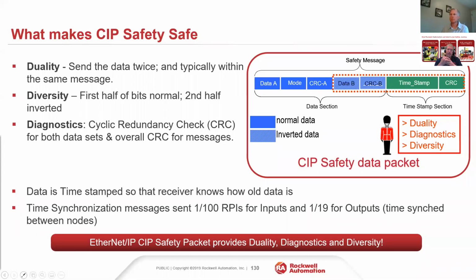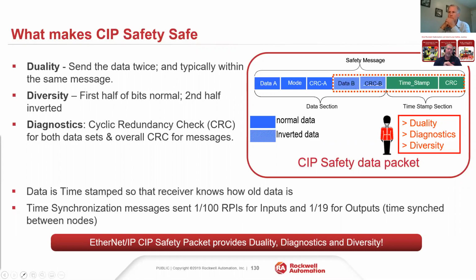I think we verbally mentioned this the other day as well. So duality: we'd like to have no single fault be able to compromise our safety, right? If we're doing something twice, then we at least have single fault tolerance. Diversity: we don't want those common cause failures, as we talked about in the standards. So what we do in the case of the message here is send the data twice. That's the duality.